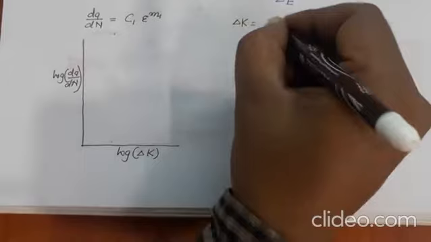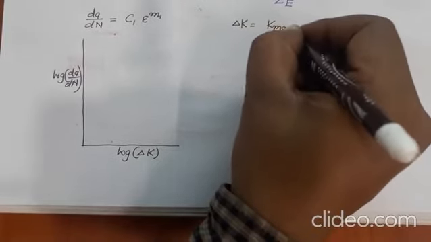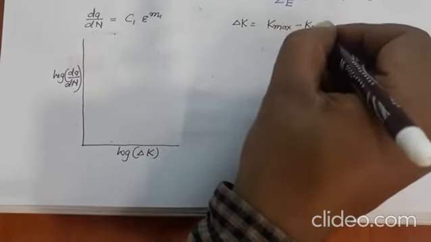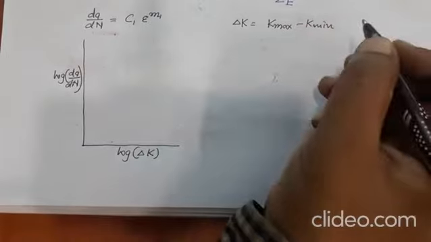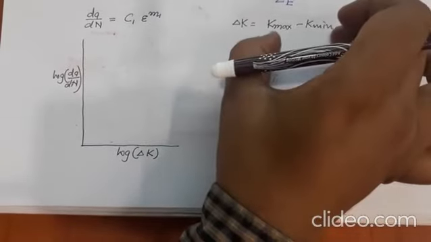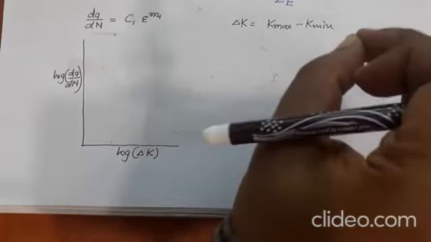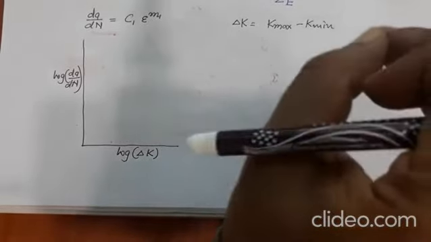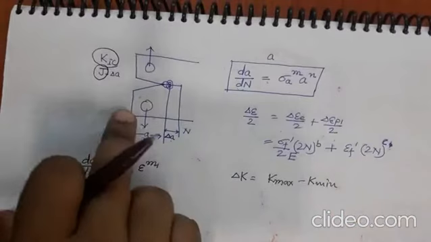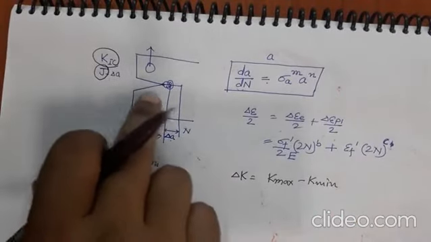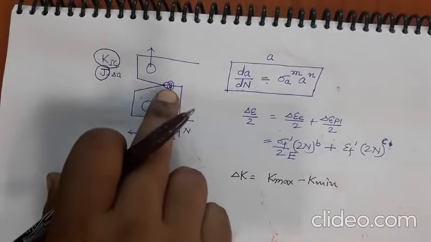Delta K will be K max minus K min, okay? Once we write in the form of K, we are making it very clear that there is a crack in the system. So we are talking about a CT specimen kind of system, so we do have a pre-crack already.